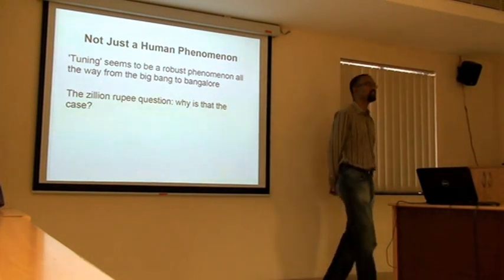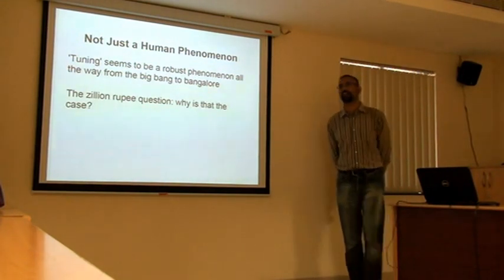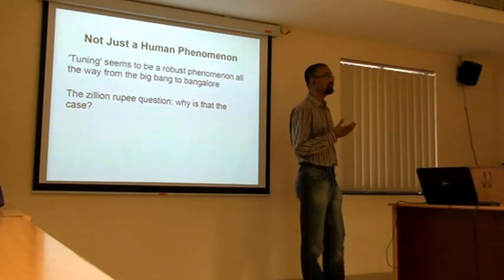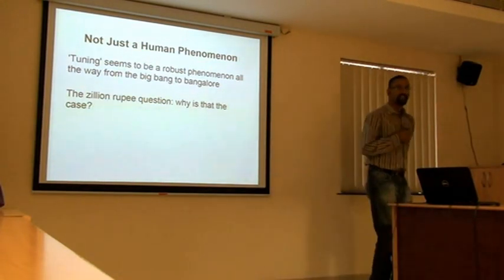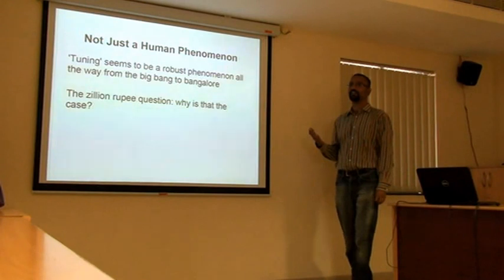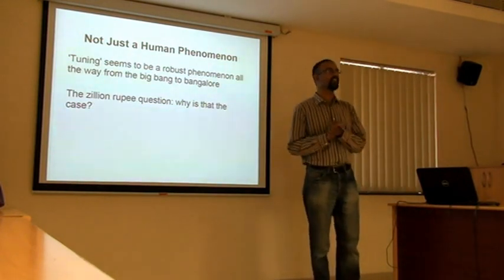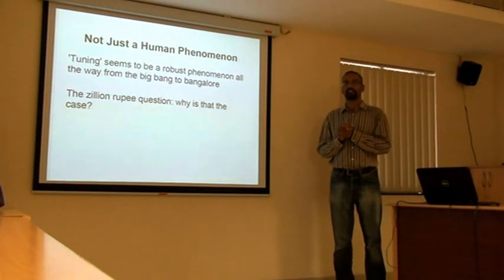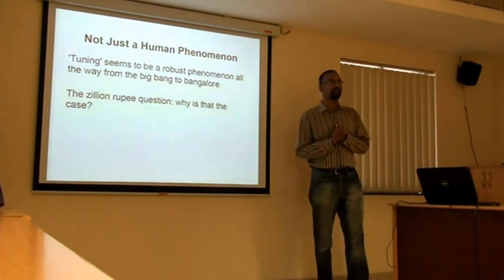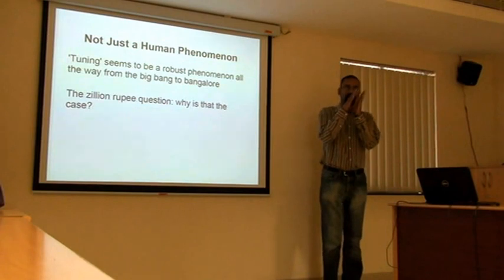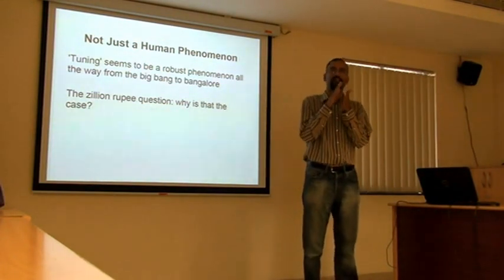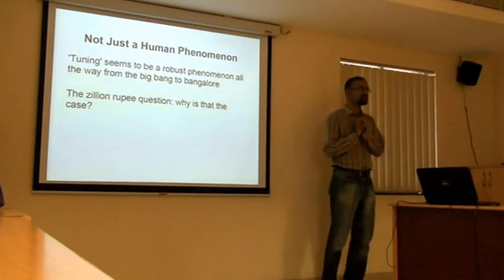So all these numbers have to be exactly what they are for the world to be the way it is. And that's a common theme. So whether you call it serendipity or intelligent design or whatever you want to call it, the fact remains that most things that can vary nevertheless vary in very tightly constrained ways.